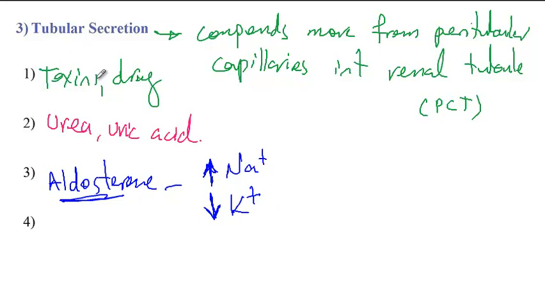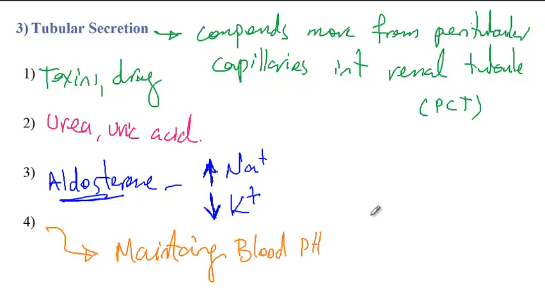And then finally, tubular secretion also plays a role in maintaining blood pH. For example, let's say that we have a condition where our blood has become too acidic, so the pH has dropped.